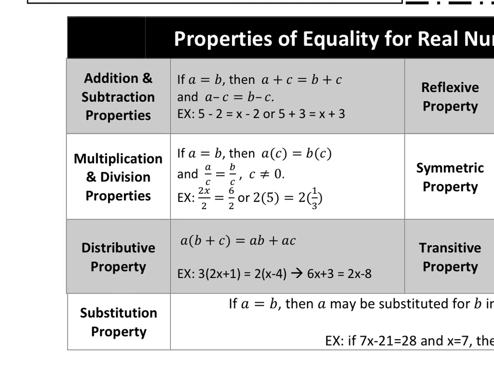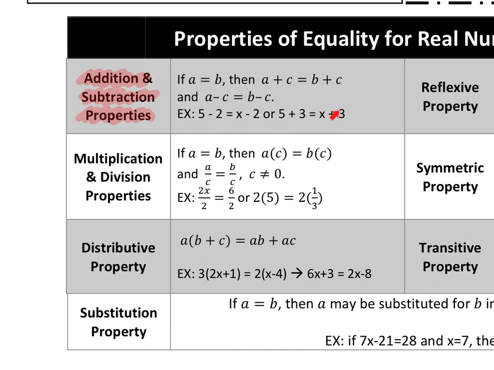The first vocabulary terms are addition and subtraction properties. Now, obviously, we know what addition and subtraction is, but here's what the property states. If A is equal to B, so if you have a balanced equation, and then you add the same number on both sides of the equation, then it's still equal. Or if you subtract the same number on both sides, it's still equal. This is what our inverse operation steps end up looking like.